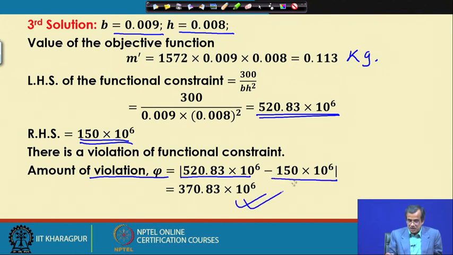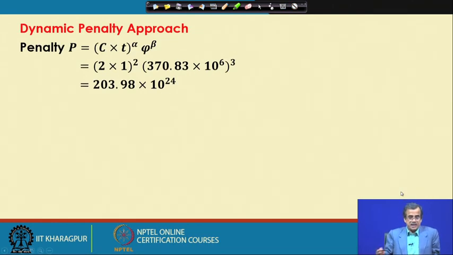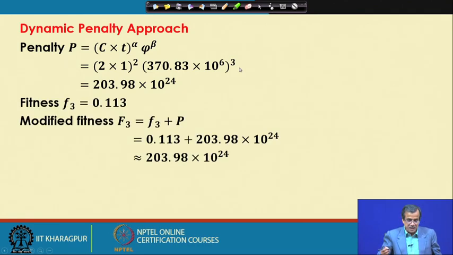Once you have got the amount of violation, following the same principle, I can find the penalty value. For this dynamic penalty approach, the penalty is C multiplied by T raised to the power alpha, phi raised to the power beta, and if you assign the numerical values, I get the penalty term equal to 203.98 into 10 raised to the power 24, a very high value.